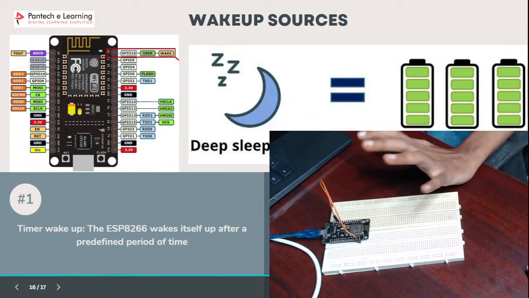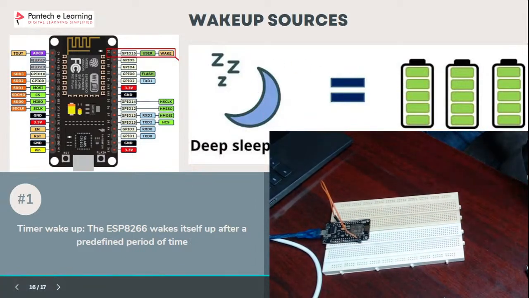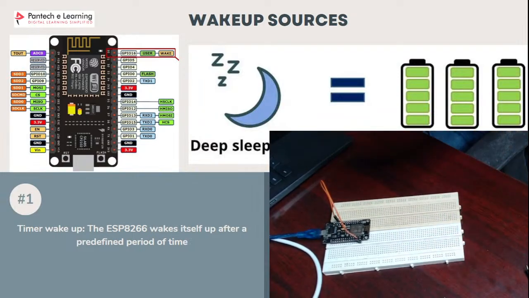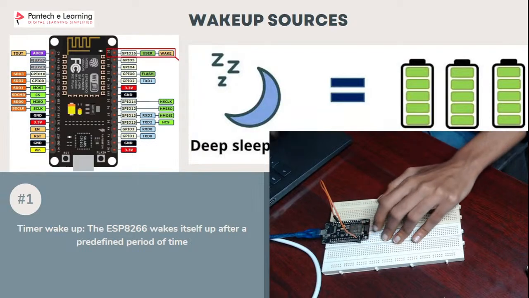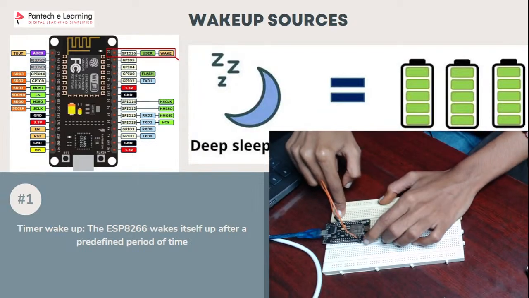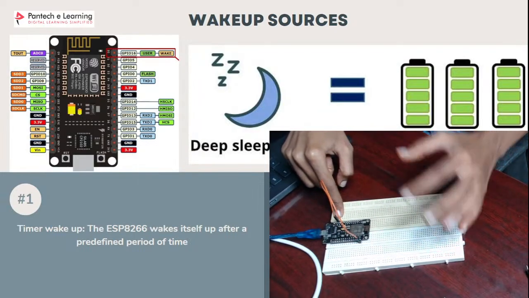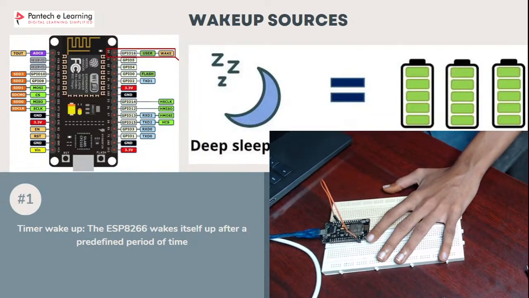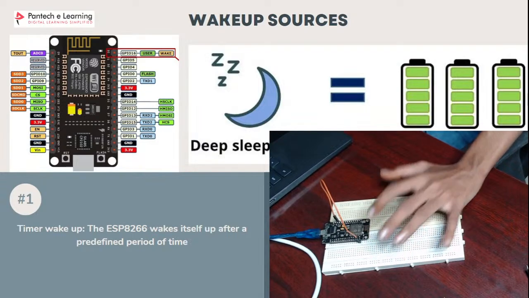That's what external source means. You can take any pin for that button. Take one button and make the connection. Here we connect reset with D0, right? For that you have to connect that button to the GPIO 16 pin, which means D0.